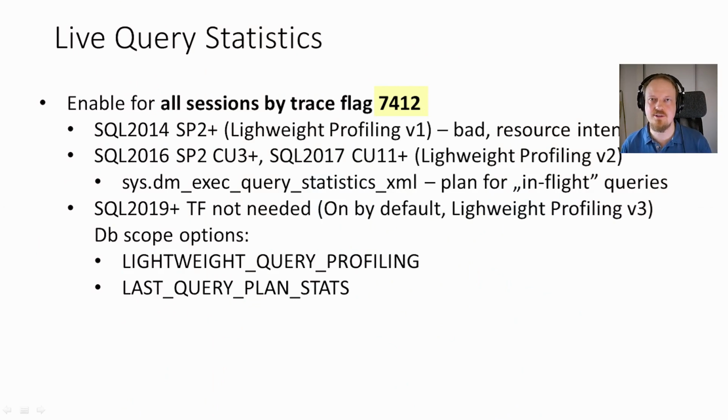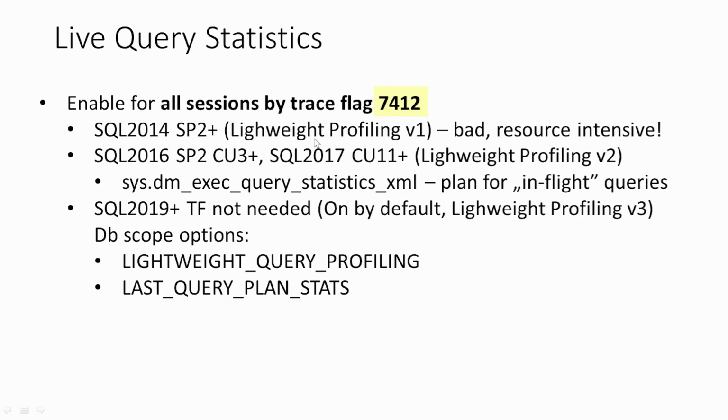It takes some resources. In fact, in SQL 2014 you can use it, but it takes a lot of resources, very intensive. So it's not recommended to do it on SQL 2014 because lightweight profiling version 1 is not that lightweight.